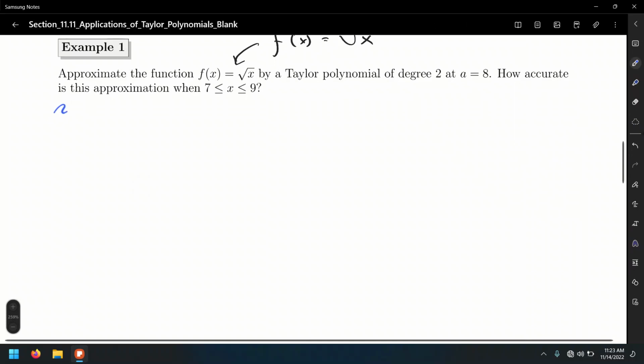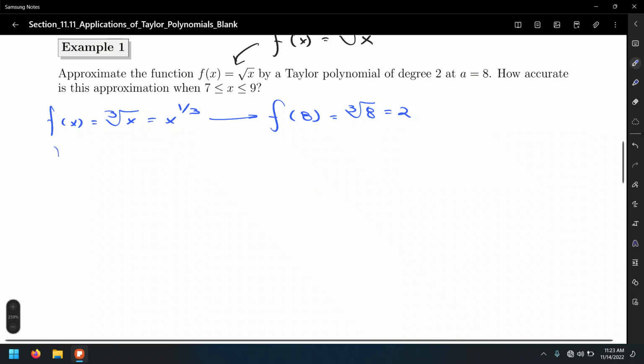Alright, so f of x equals the cube root of x, which is the same as x to the 1/3. Evaluate this at 8. That's the cube root of 8, which is 2. Let's get the first derivative. That's why I wrote x to the 1/3, so we can easily take the derivative. We cannot take the derivative while the function is in its radical form.